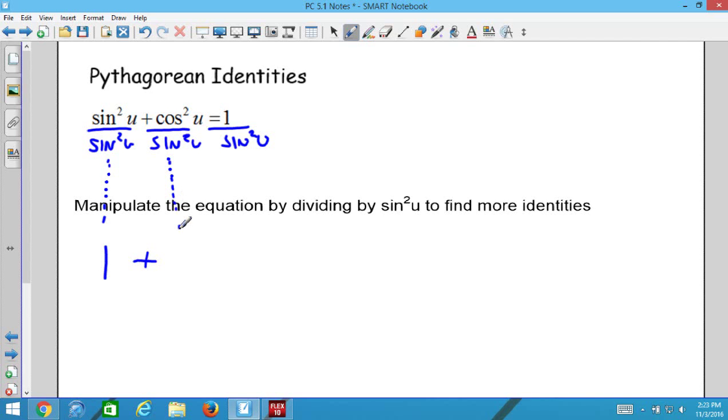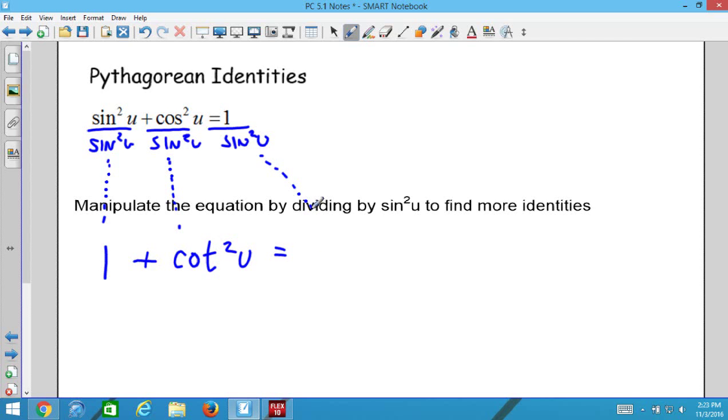If I have cosine over sine, it's on the front page of your notes. I have cosine over sine, except this one's squared. So cotangent squared u.